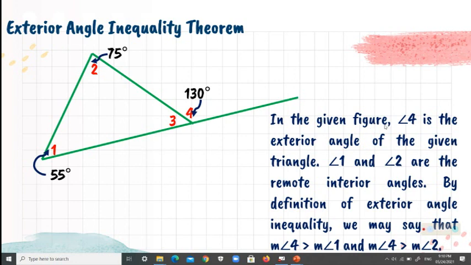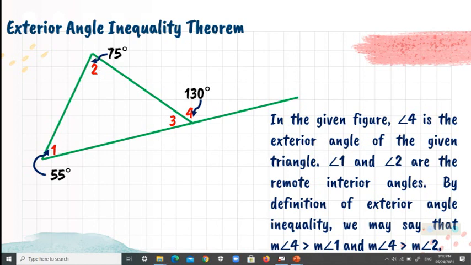In the given figure, angle 4 is the exterior angle of the given triangle. Angle 1 and angle 2 are the remote interior angles, as you have seen in the figure.